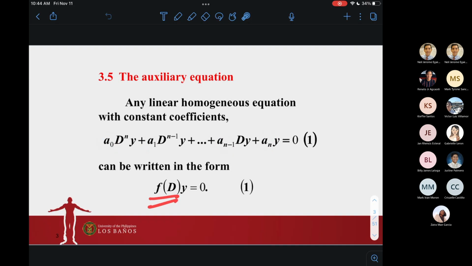So meaning f of D should have constant coefficients lamang. Kapag hindi constant yung kahit isa sa mga a sub i, then this method will not apply. Alright? So limited muna tayo sa constant coefficients ng auxiliary polynomial.